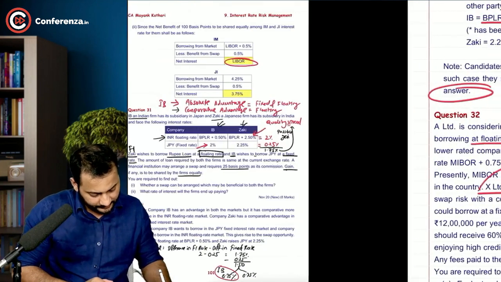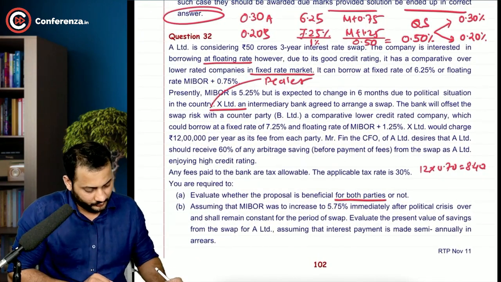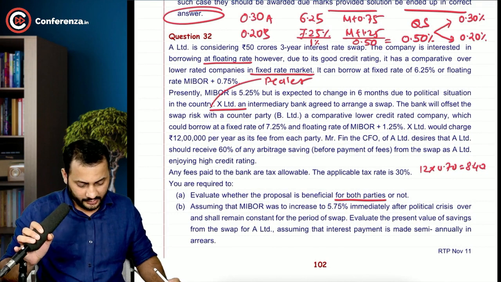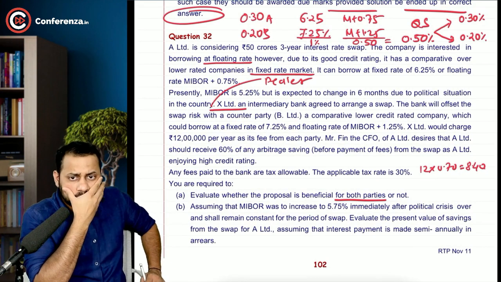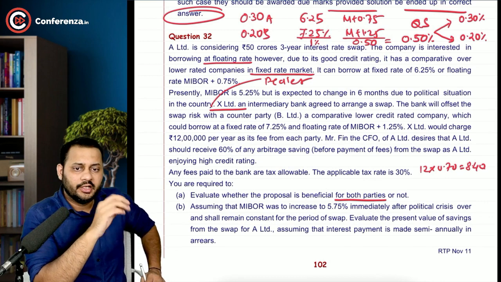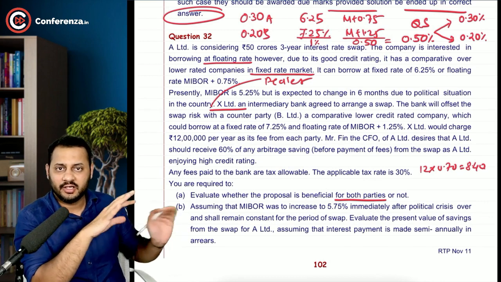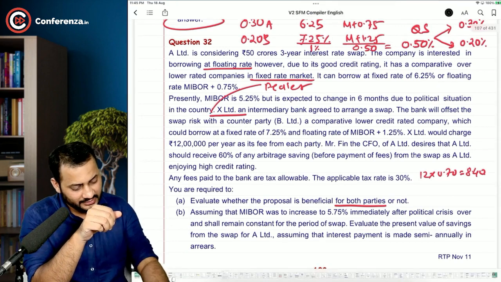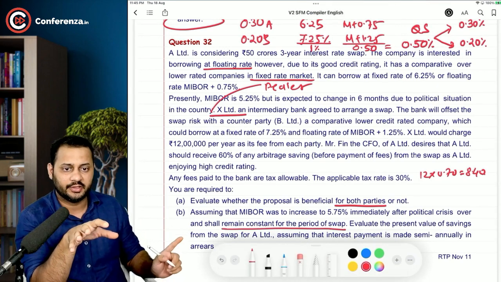Okay, and our loan rate was this much. Immediately after the political crisis is over and shall remain constant for the entire period of swap. That means once it has increased to 5.75, it will remain for the entire 3 years period.